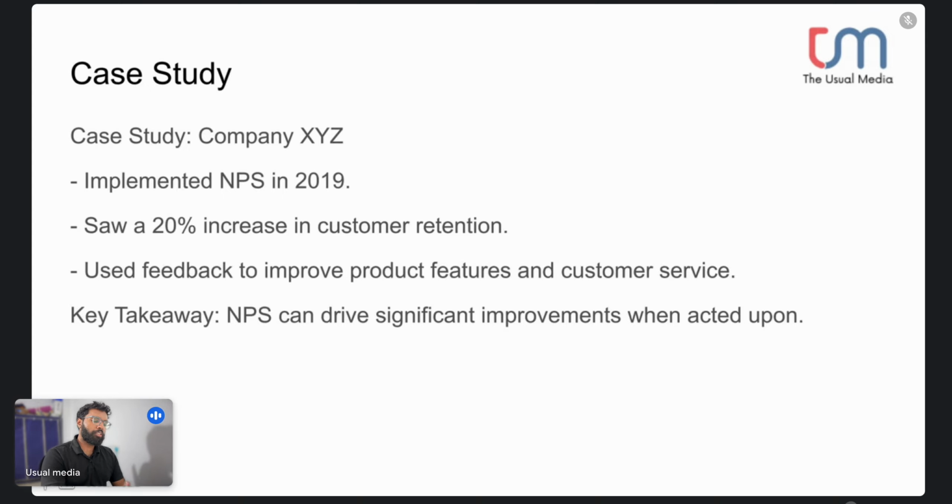Now, let's understand with an example using a case study. A company, it can be XYZ, implemented NPS in, let's say, 2019. They saw a 20% increase in their customer retention. How? They saw the NPS increasing month on month.